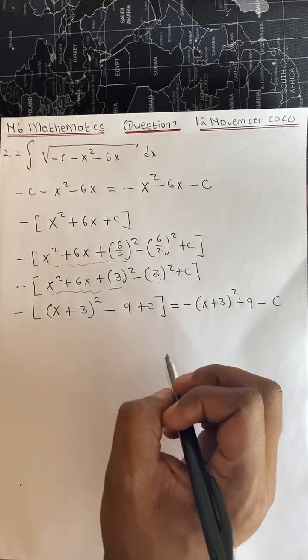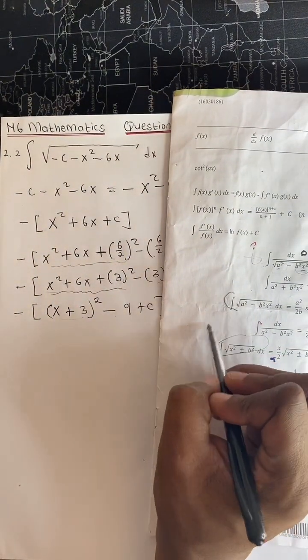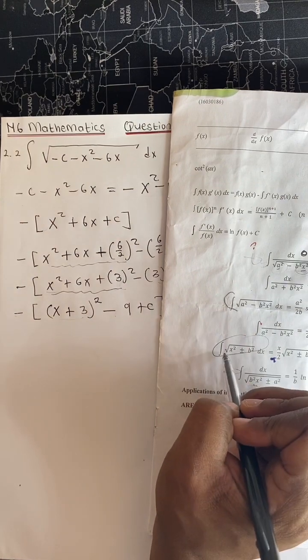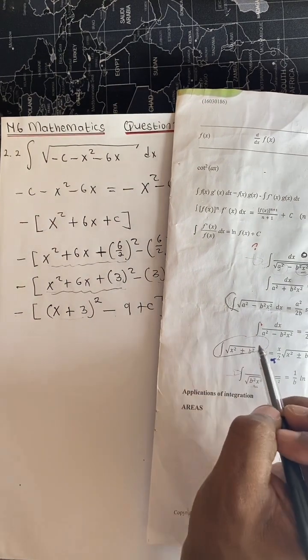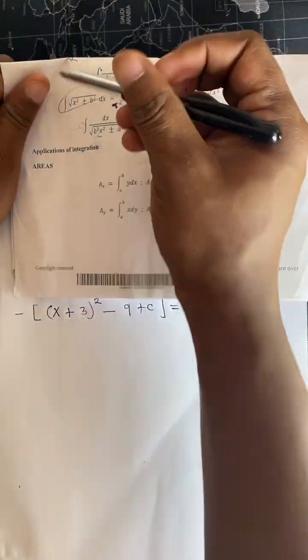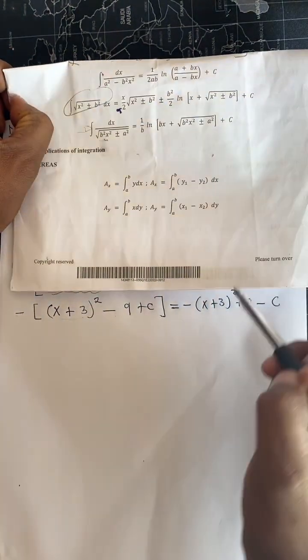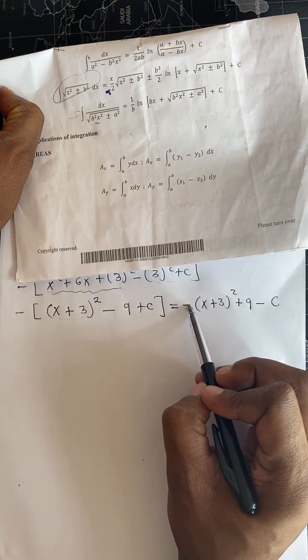From here, we have to use our formula sheet. So on the formula sheet, there are 2 formulas that we should apply, either this one or that one. But this one has the x as positive, and here the x is attached to a negative.